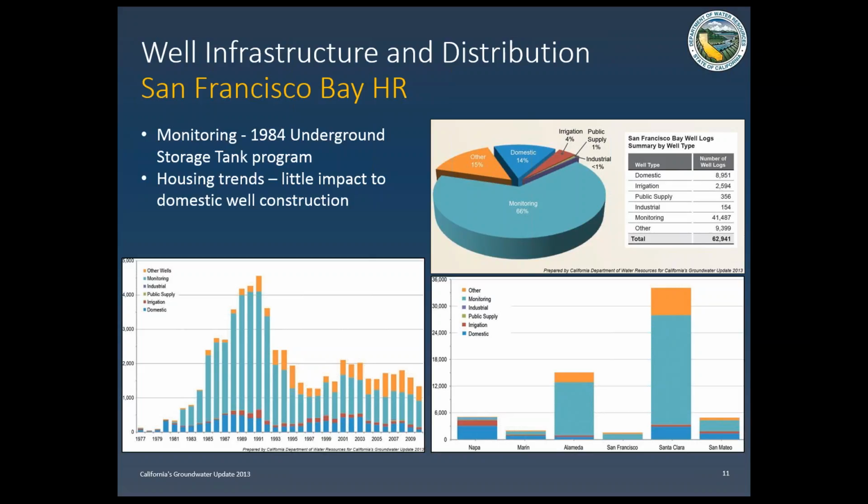But the majority of the people in the Bay Area typically are on urban water systems, so we don't see too many domestic wells being put in. And again, since it's a heavily populated area, there's significantly more monitoring going on, and Santa Clara and Alameda counties are probably leading with respect to all the different monitoring wells.